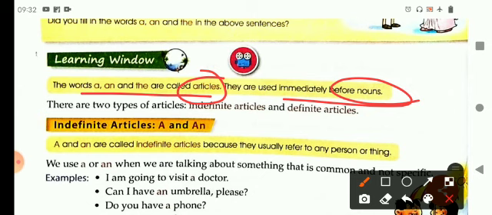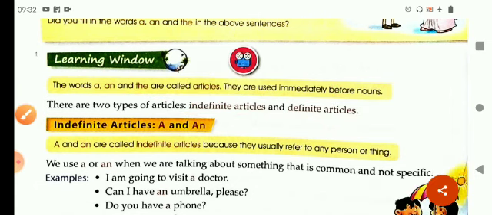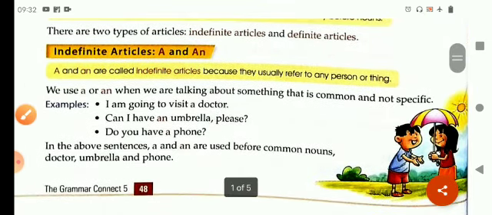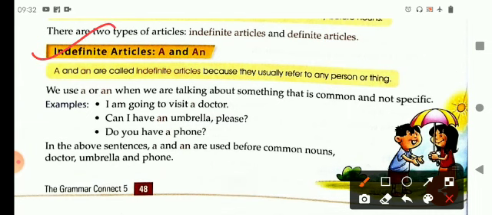There are two types of articles: indefinite articles and definite articles. Now let's learn first about indefinite articles. A and an. These are indefinite articles.